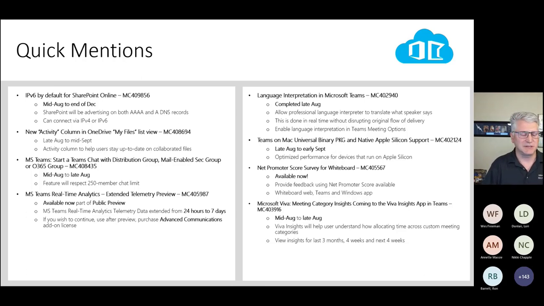Now it's going to take a look at my custom categories and be able to say, okay, how am I allocating time across these different categories, right? So if I color code or put a category on my calendar items, then it's going to say, oh, you spend X, Y, and Z in this particular category versus other ones, right? To help you be better as a collaborator.